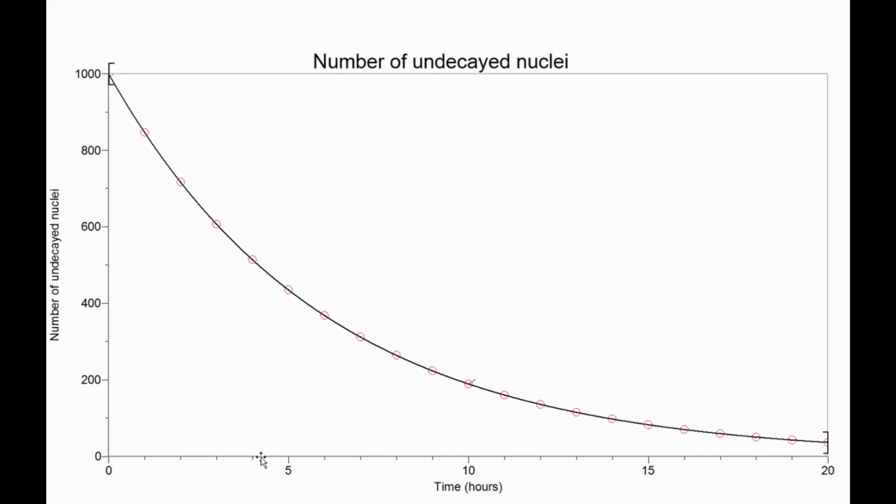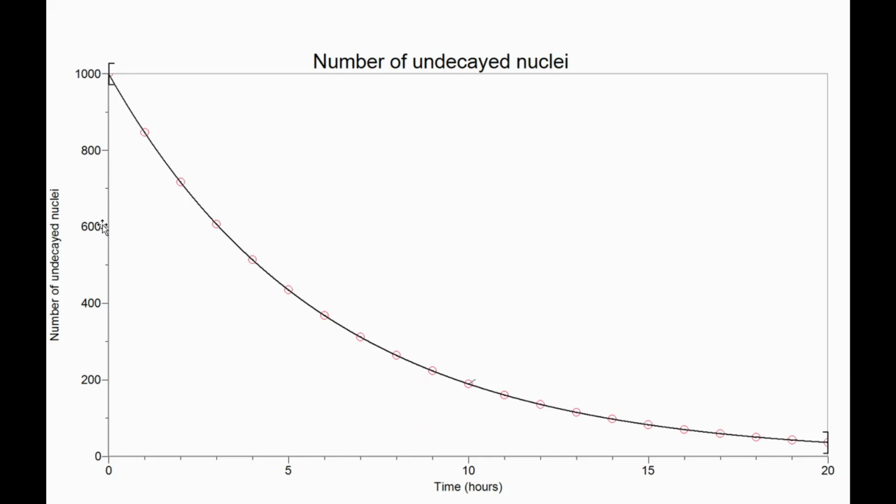Now, the interesting thing about half-life is that that relationship continues throughout the graph. Let's try another half-life. Let's go from 500 here down to 250, which is somewhere here. If we go to 250 and we move across, we will find that it takes approximately about 8.5 or 8.4 hours. Can you see that that is two half-lives?